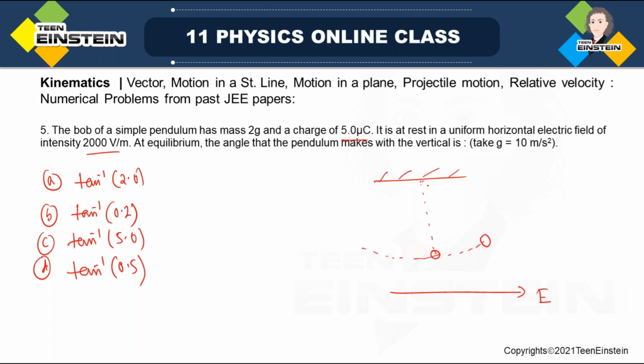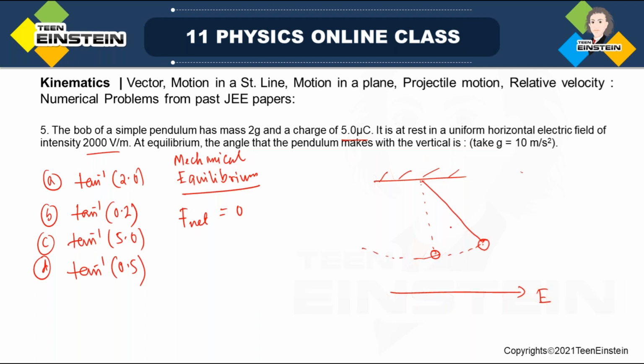Equilibrium means there is no motion. In mechanics, this is mechanical equilibrium. Equilibrium means the net force F net is 0. This is the mechanical equilibrium.